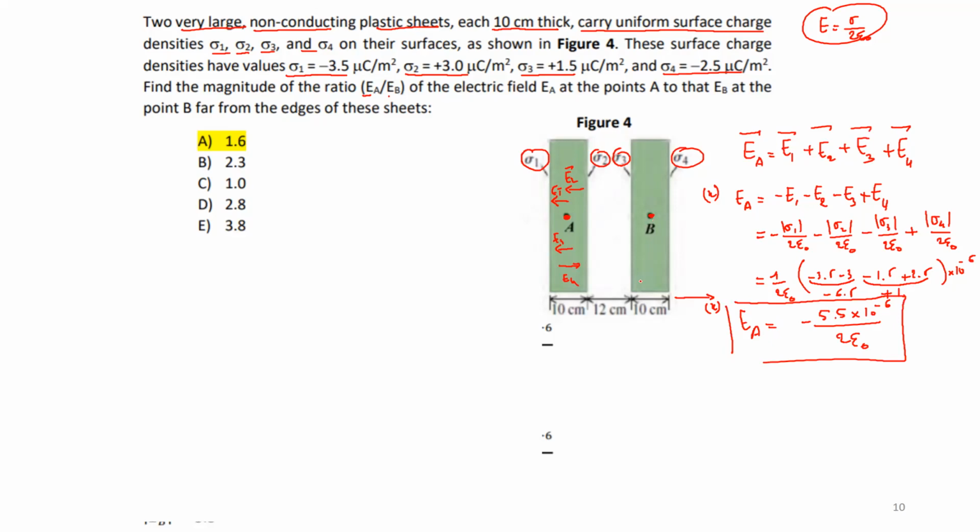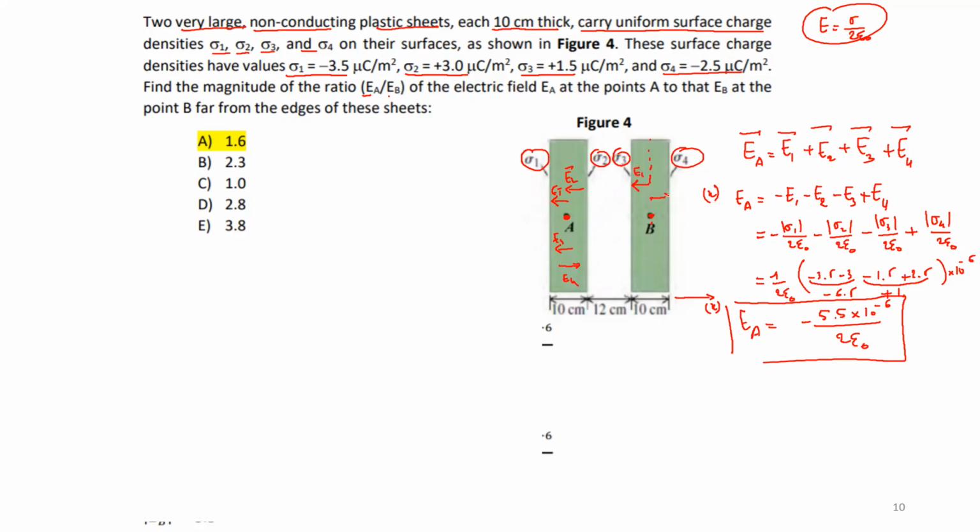Now at B, I will do the same. Say B is here. Sigma 1, of course, is negative, so it will be going towards this direction. Sigma 2 here is positive, so away, right? So this is E1.